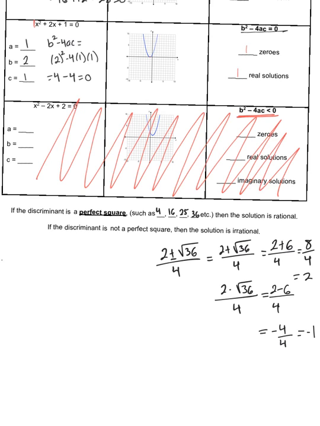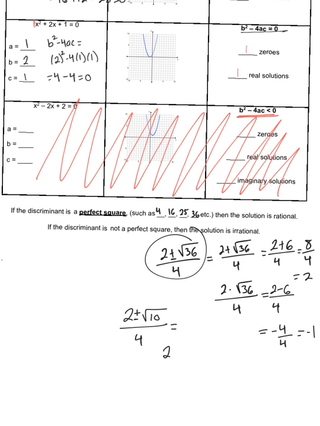If the discriminant is not a perfect square, then the solution is irrational. So let's say I had the same exact thing, except this time, let's put the number 10 under the square root symbol. 10 is not a perfect square. If you take the square root of 10, you are going to get a decimal.